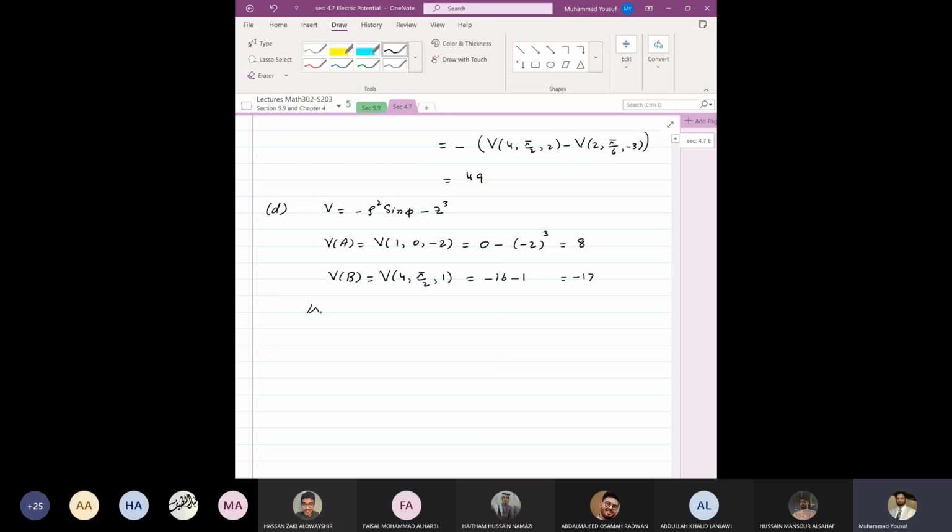So the work done is equal to negative Q times the integral from A to B of E dot dl.